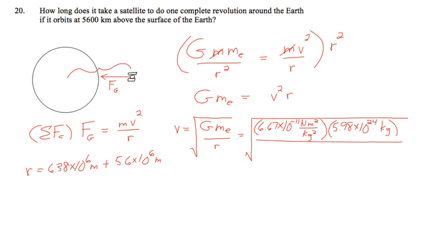So if I round that to two significant digits, then I'm going to get 12 times 10 to the 6th. That's the same thing as 1.2 times 10 to the 7th meters.